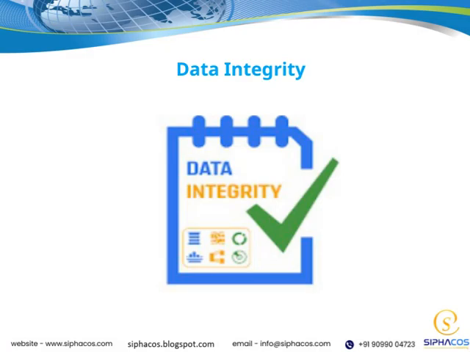Let's take a closer look at data integrity. When we talk about data integrity, we're really focusing on ensuring that the data remains accurate, consistent, and reliable throughout its life cycle. This means that every piece of information we handle should be trustworthy and free from errors or unauthorized alterations. Maintaining data integrity is crucial because it underpins all our decision-making processes and operational activities.